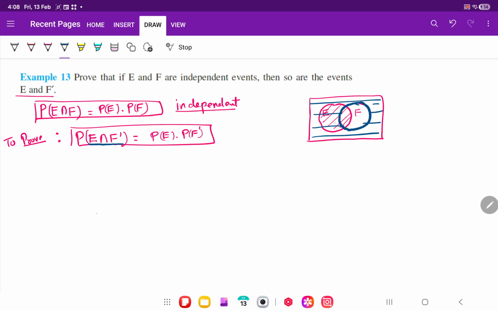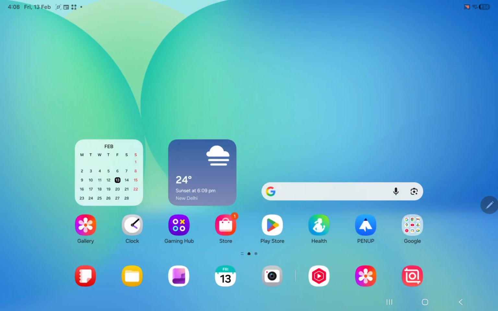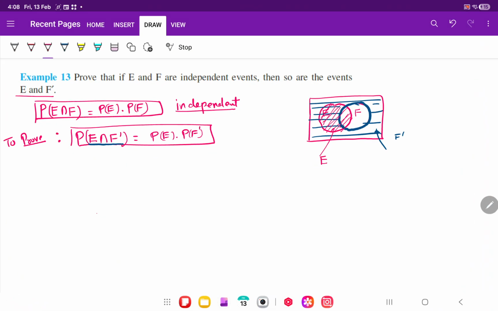The blue lines are showing F dash, and the pink lines are showing E. So the intersection is the only region where both lines are there, blue and red. This is the region. Okay, let me highlight this region.